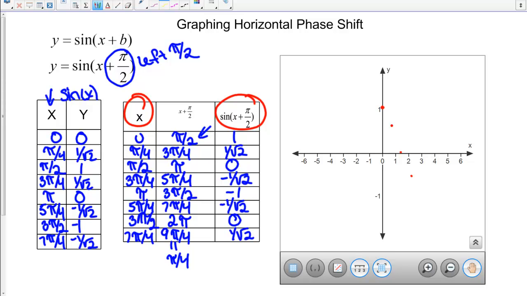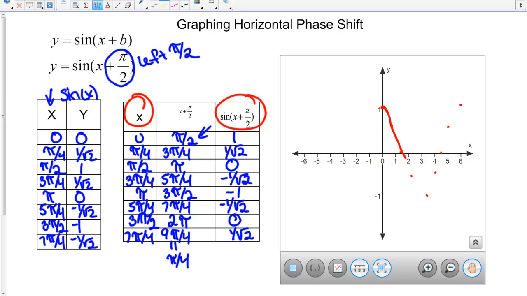At pi, we're at negative 1. And at 5 pi over 4, we're at negative 1 over square root of 2. 3 pi over 2, we're at 0. At 9 pi over 4, we're at 1 over square root of 2. And when we get back to 2 pi, we'll be back to 1.